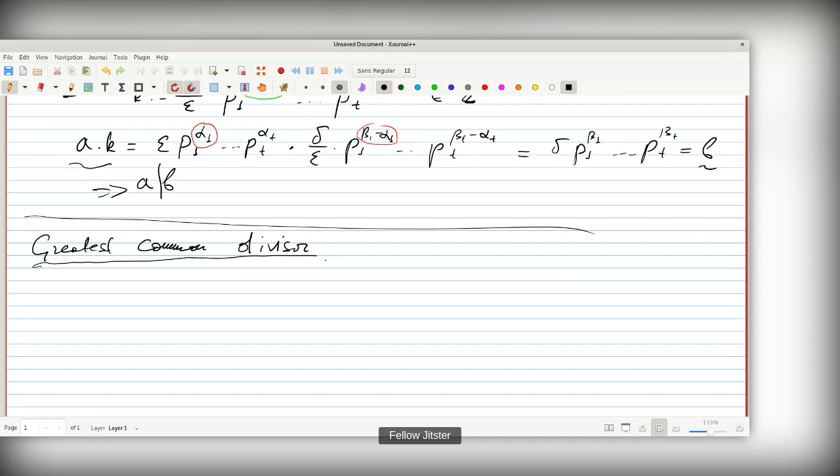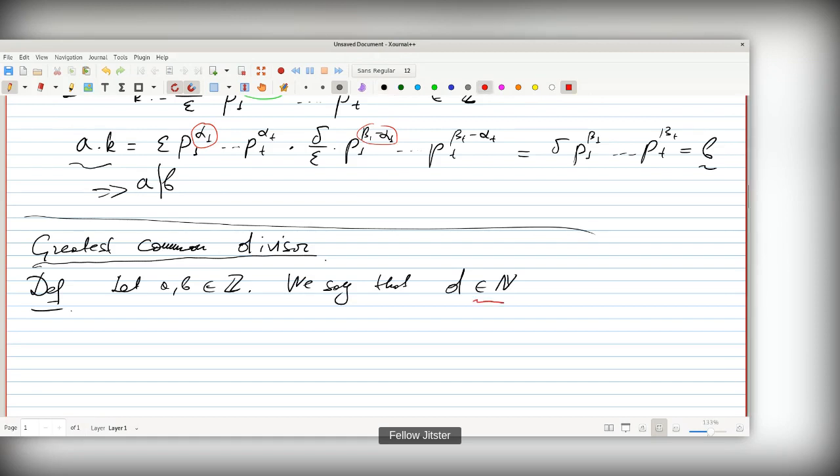It is way better to define the greatest common divisor the following way. Let a and b be two integers, including 0, of course, why not? We say that d, which is natural by definition, is a greatest common divisor of a and b.